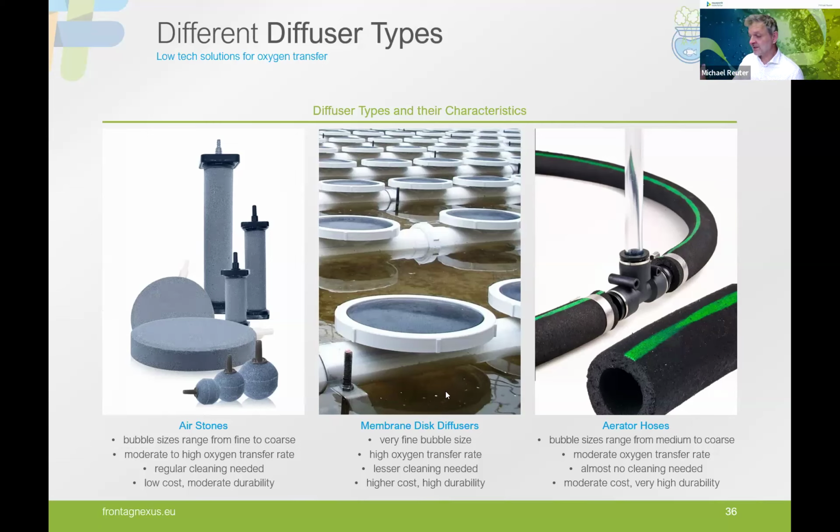And finer bubbles are usually beneficial to the transfer efficiency. So what we just calculated was probably more for coarser or medium-sized bubbles. So we could probably have better absorption efficiency if we use something like a membrane diffuser. So we are on the safe side if we calculate with the flow rate that we just calculated.